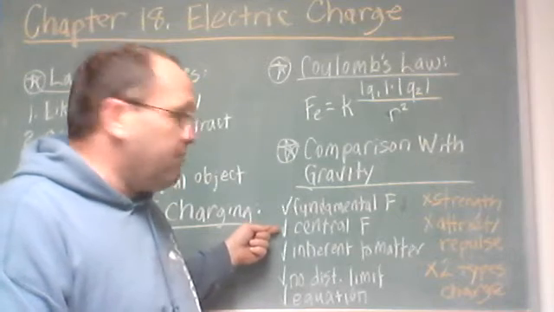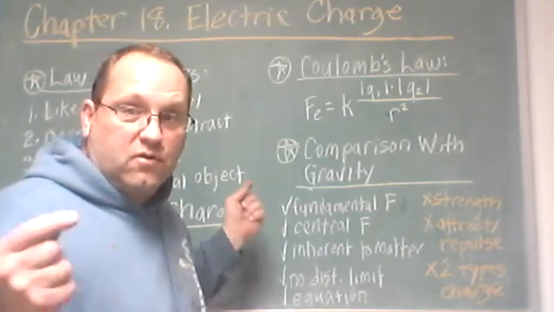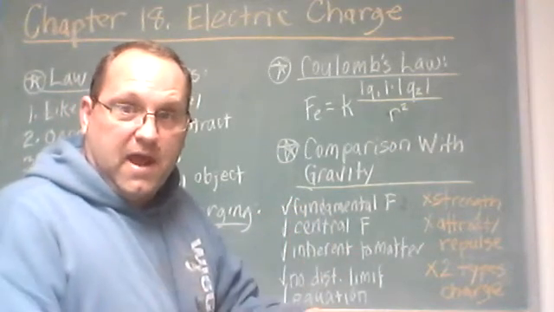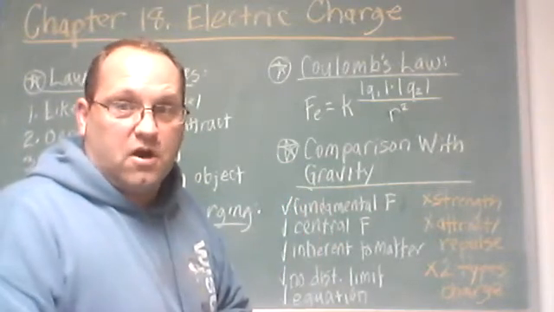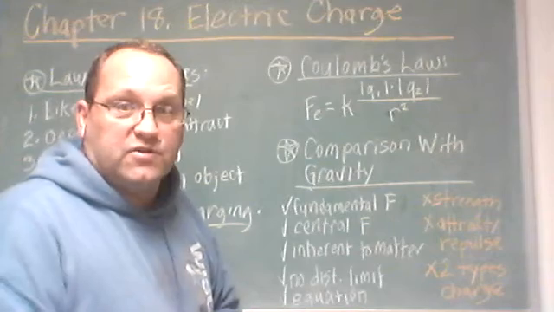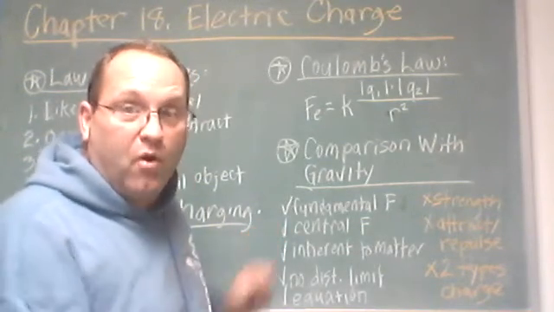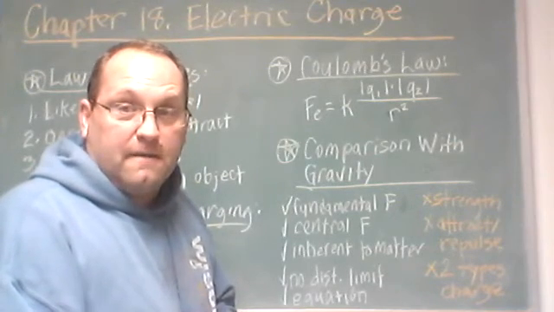Both of them are central forces, they act toward the center of the body. Gravity, the center of the mass. For electrical charge, toward the center of the charge of the object that has that charge. Because of that, both are a conservative force.